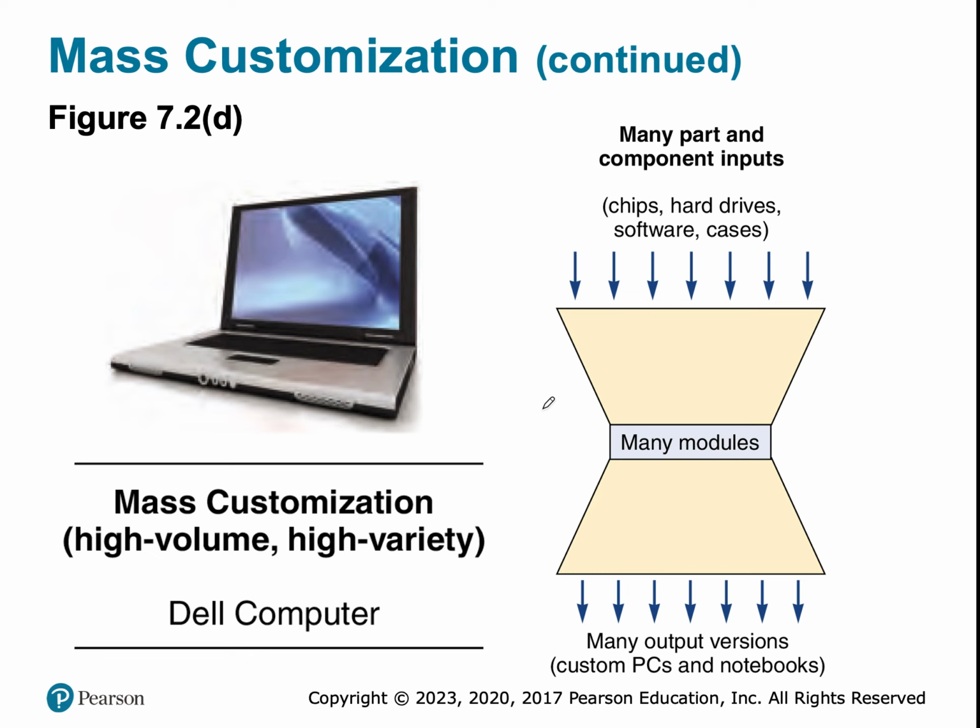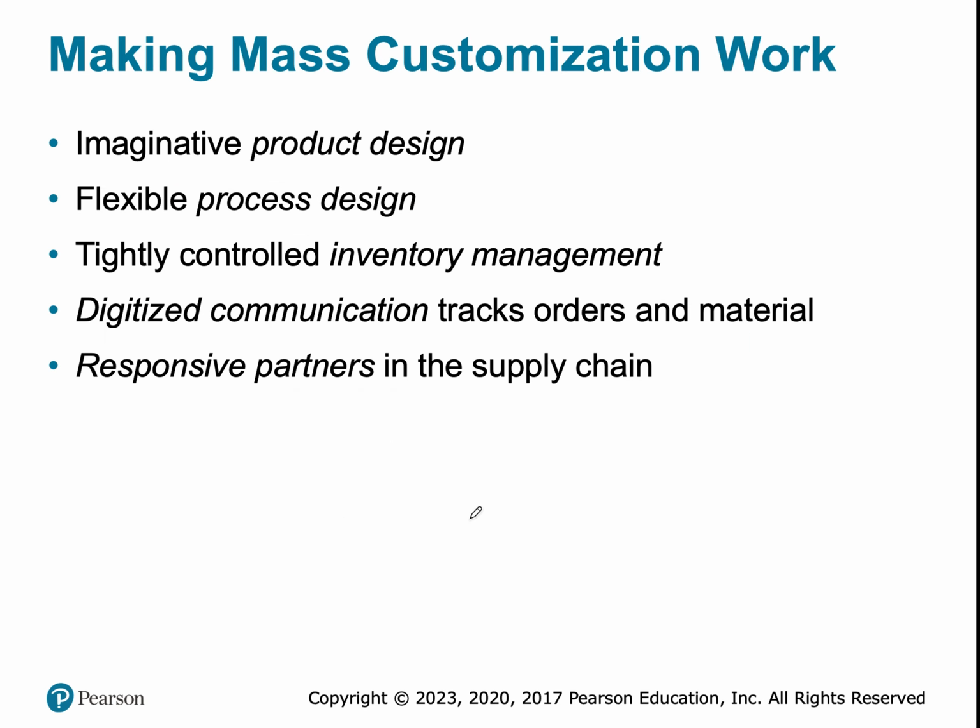Here, many things are combined. You bring your chips by Intel. Intel will manufacture the chips, then the hard drives, the software, and the cases for covering the computer. All will be assembled in the modular factory, and there bring out the product, the PCs and the notebooks and the laptops and everything that is being produced by this factory.